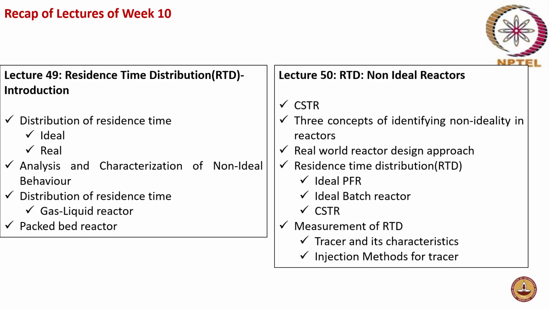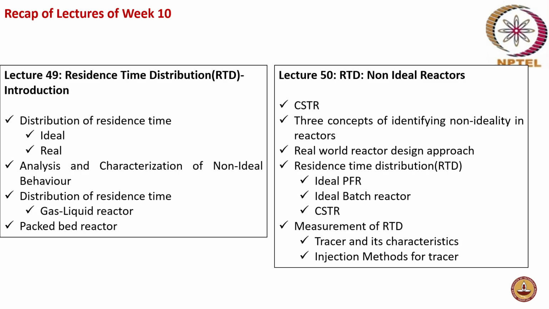And how do we measure residence time distribution? What is a tracer, what are the characteristics of a tracer, and what are the injection methods for finding the residence time distribution? Injection methods for a tracer were all discussed.